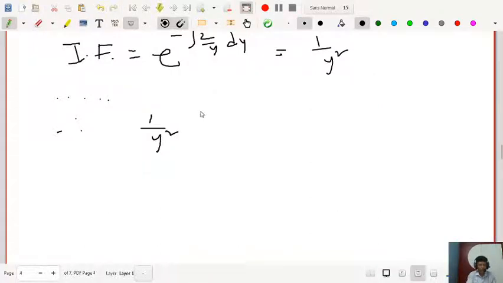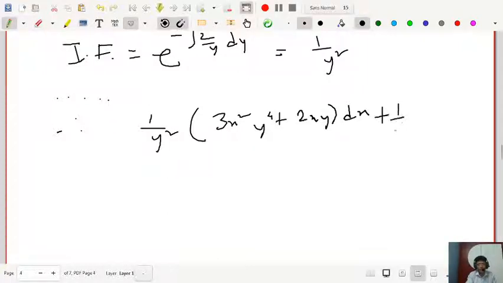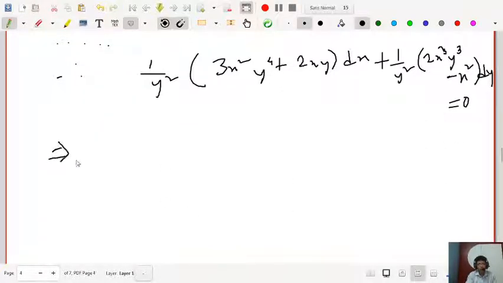1 by y square into 3x square y to the power 4 plus 2xy dx, plus 1 by y square into 2x cube y cube minus x square dy equal to 0. Now you have to do the pair up. Look at the first term. If you divide by y square, it will be 3x square y square, right?